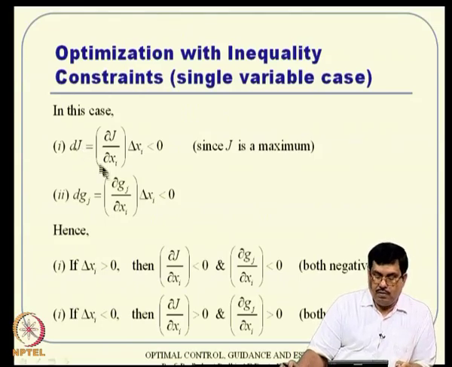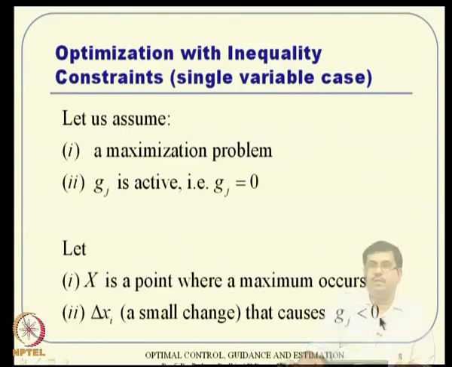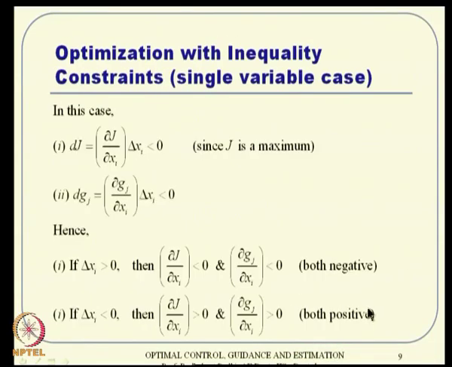This also becomes true because d of g j in that direction turns out to be less than 0, from this inference, as g j happens to be less than 0 here. So, this condition is also true here.